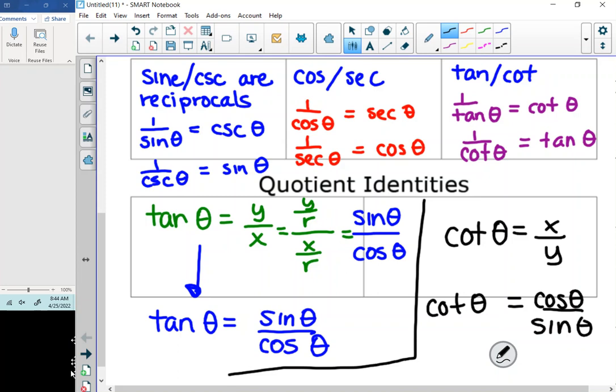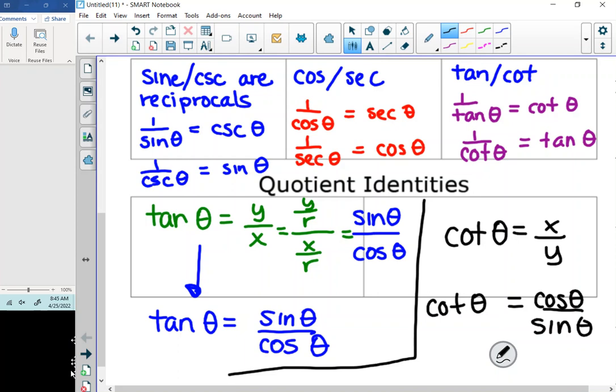We're almost done getting all of our different pieces that we need organized. We've got this whole list of reciprocal ones. We've got 2 quotients, and we're going to end up with 2 more Pythagorean ones.